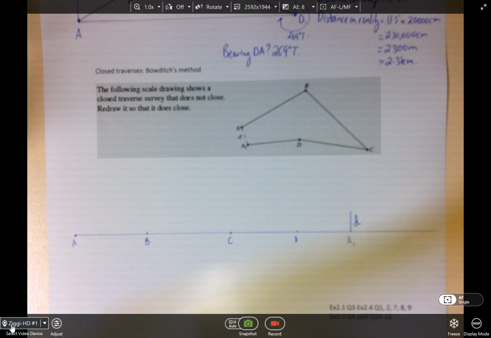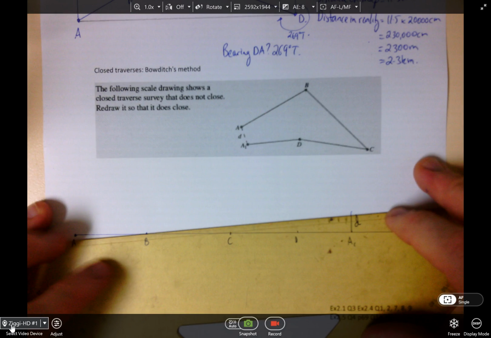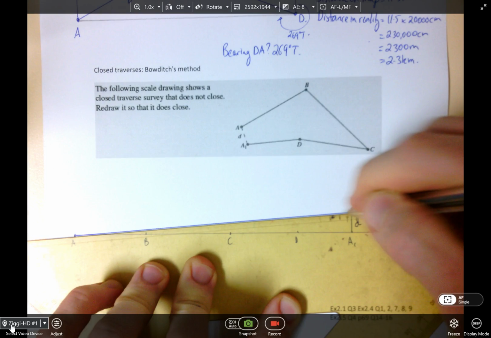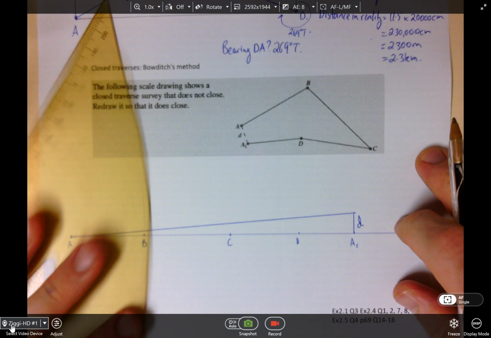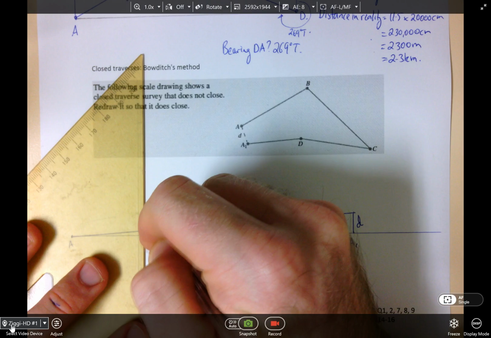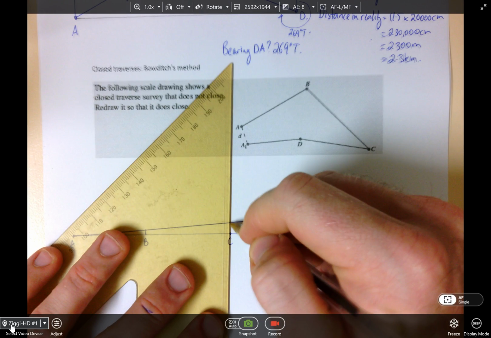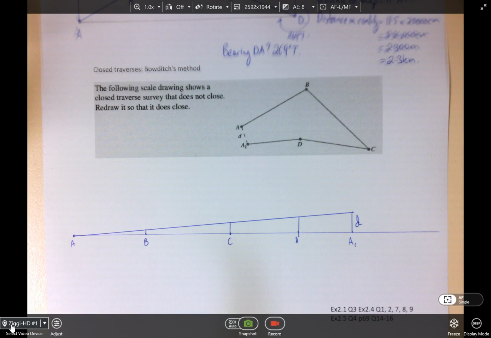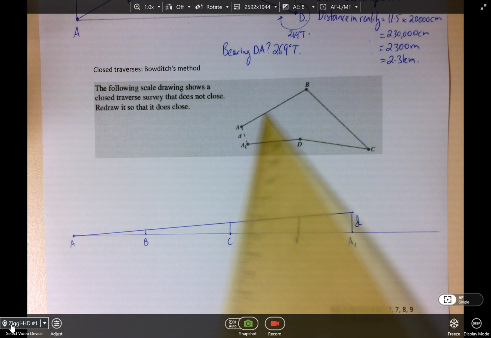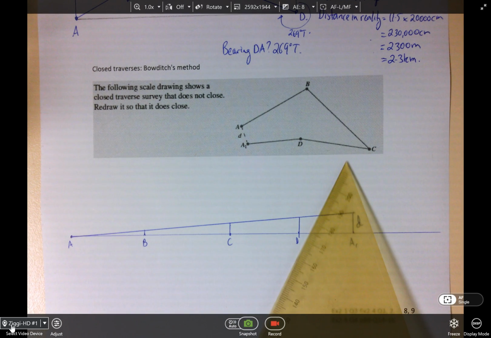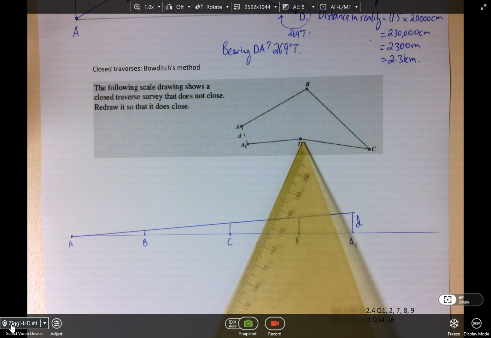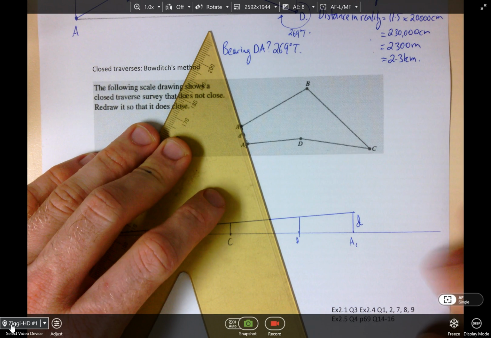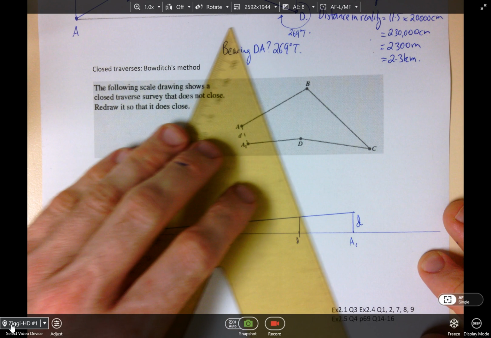And what we're going to do is make a triangle here and draw little heights of each of these points, which are going to allow me to spread the error across all of these segments. So at the same direction as the error, I'll make sure it's as parallel as I can be.